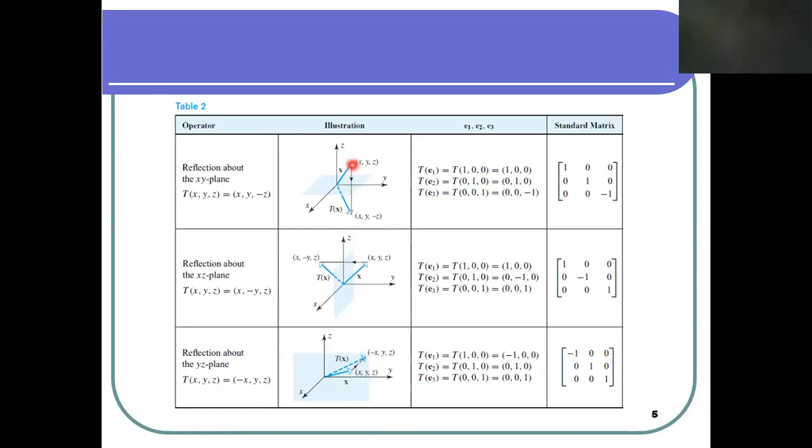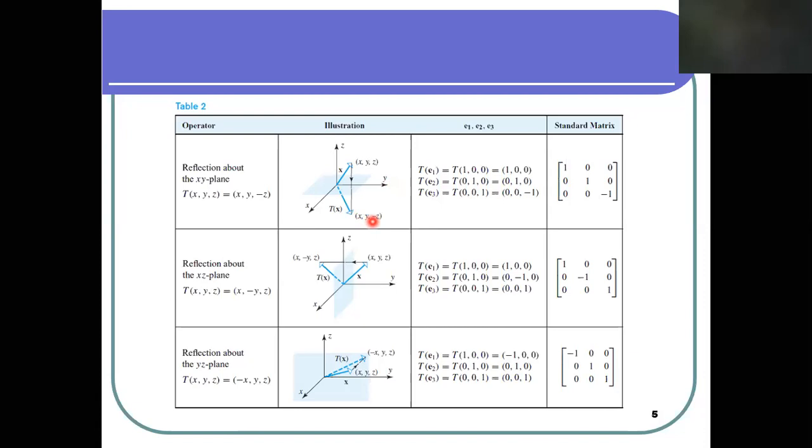If you take (x, y, z), a general point in space, and apply the transformation, it passes through the xy plane. So the element will be (x, y, -z). That is not just projection on the xy plane; this is a reflection about the xy plane.